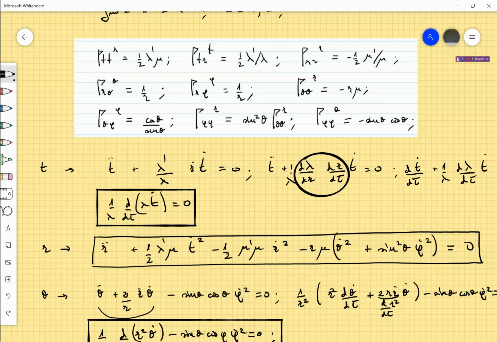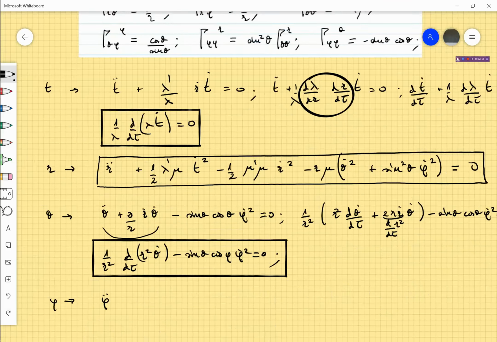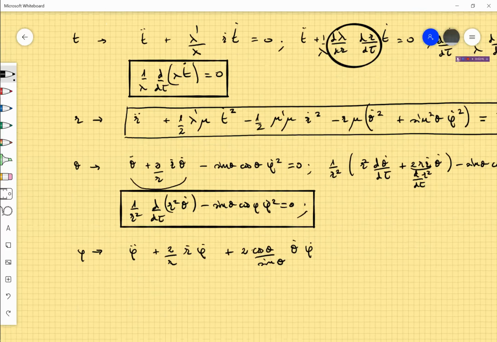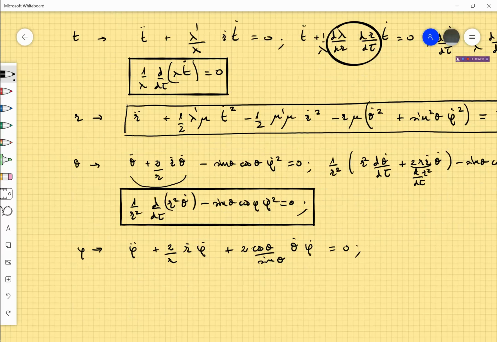We search for components of the Christoffel symbols with an upper phi index, and there is this one and this one, and both are off diagonal, so we have to multiply by 2, and we have plus 2 over r r dot phi dot plus 2 times cosine theta over sine theta theta dot phi dot equal to 0.